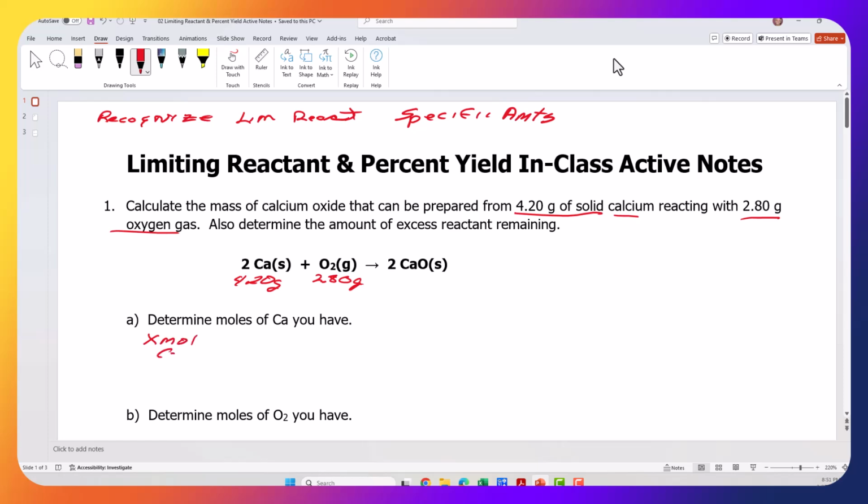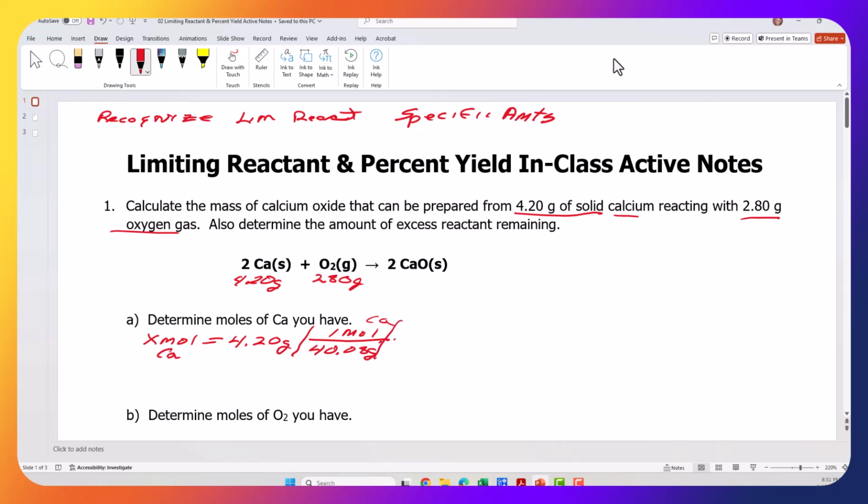So this will be X moles of calcium. I've got 4.20 grams of calcium. I'm going to convert grams to moles by dividing by the molar mass. The molar mass of calcium is 40.08 grams for every 1 mole of calcium.